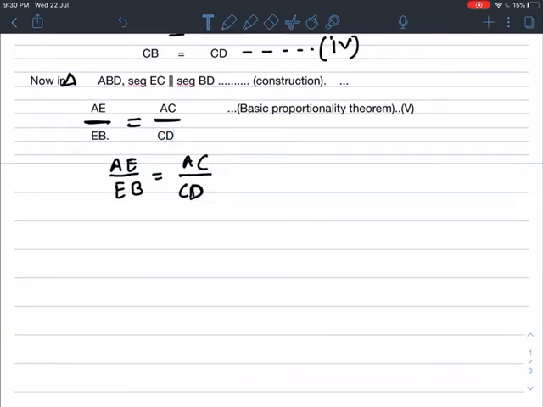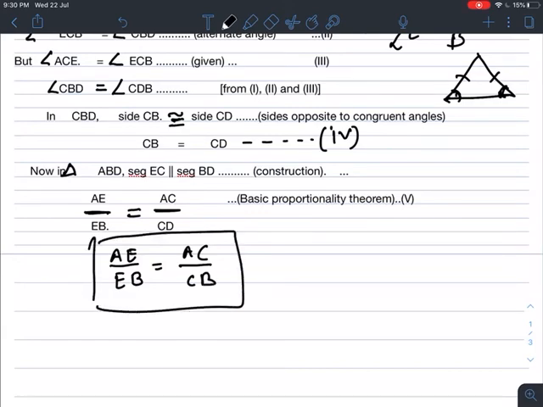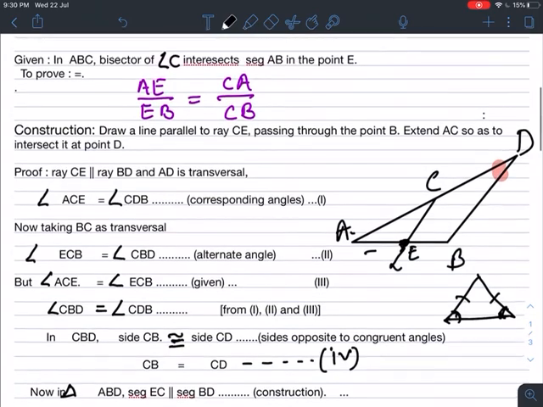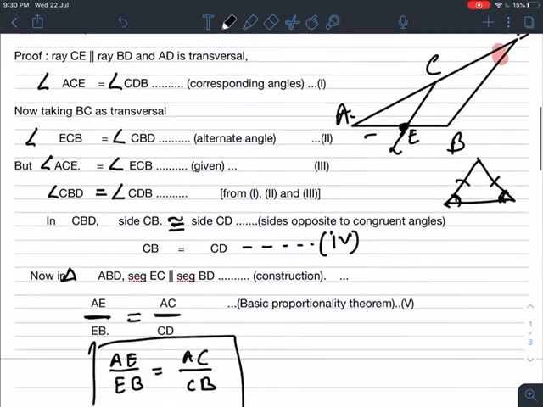So now AE upon EB is equal to AC upon CD. But CD is equal to CB. If we observe this equation, CB is equal to CD. Instead of CD, I can write CB. So this is the proof: AE upon EB is equal to AC upon CB. This is what we have to prove, AC means CA upon CB.